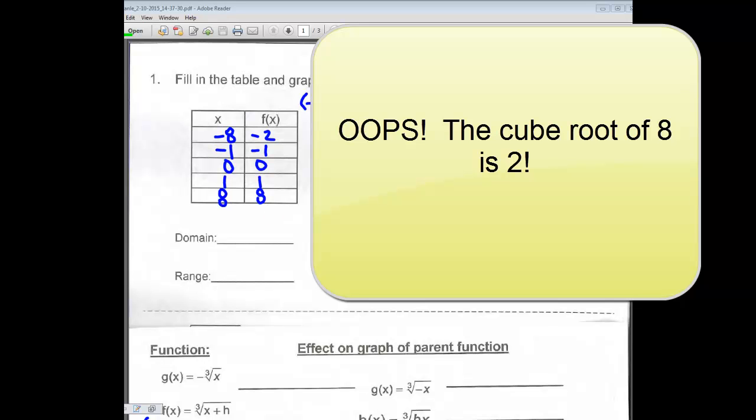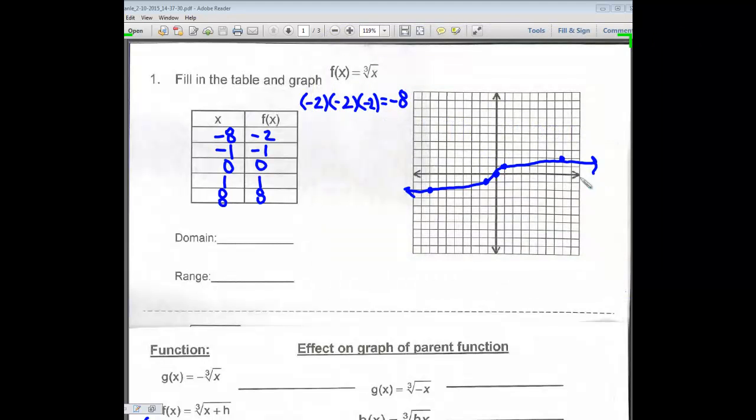Let's sketch the graph. Just like the linear and the cubic function, the domain and range of the cube root function are all real numbers.